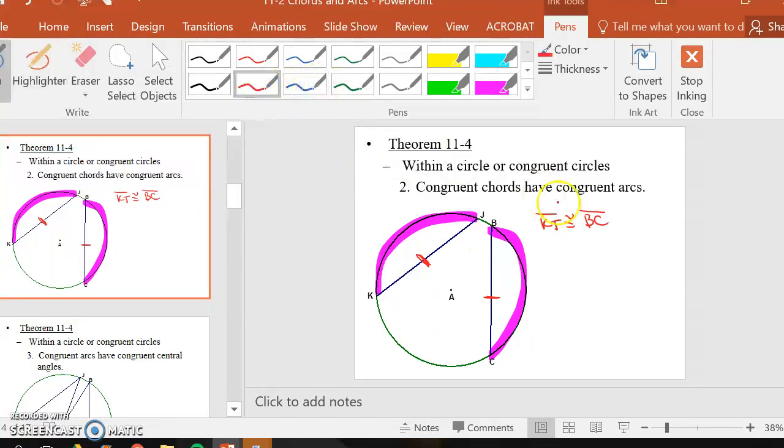So we could basically conclude that arc KJ would be congruent to arc BC. Okay.